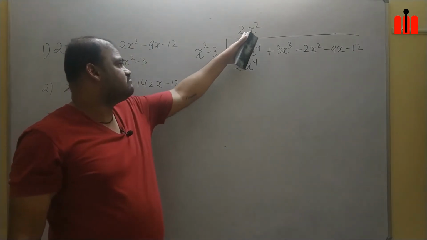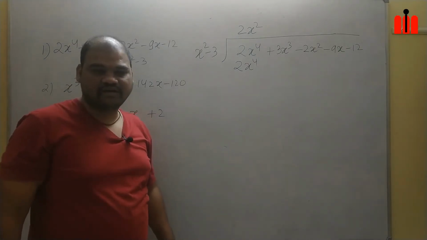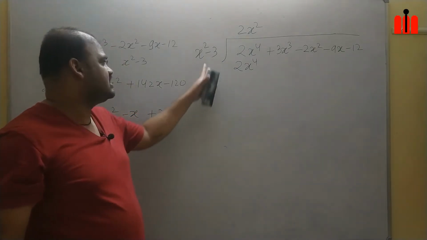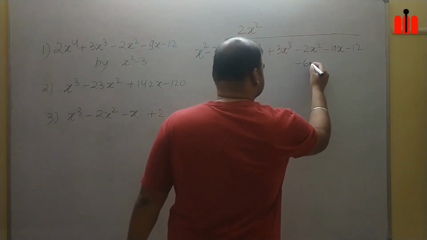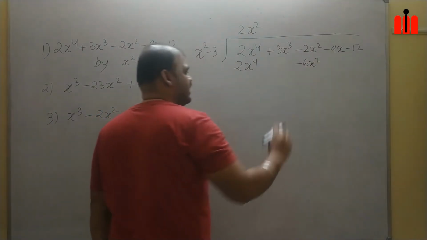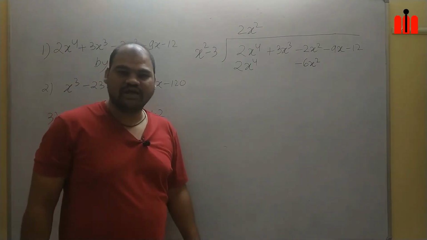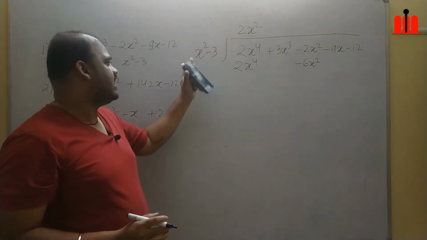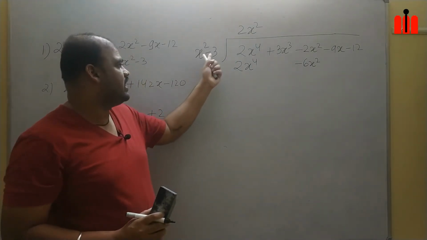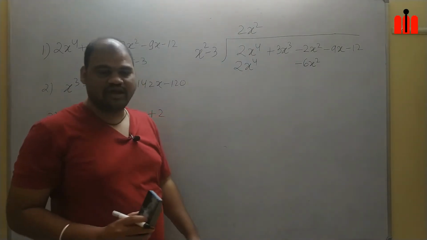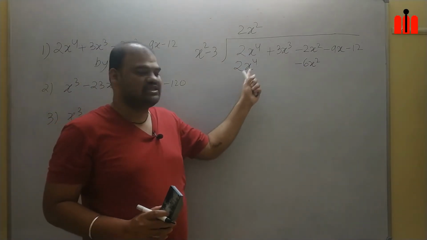After that we are getting minus 6x square, right? So minus 6x square, you write it over here, under the x square term. x square minus 3 is multiplied with 2x square, and after that you subtract these two.